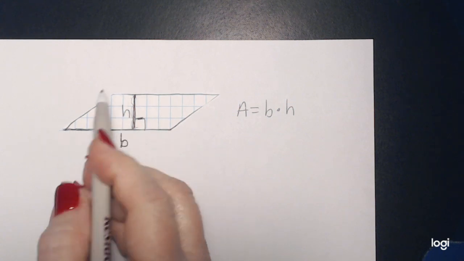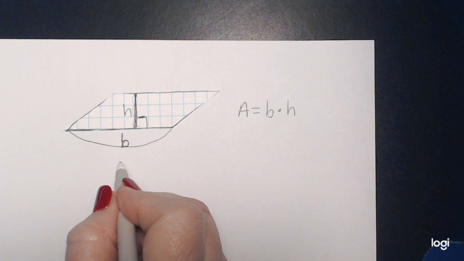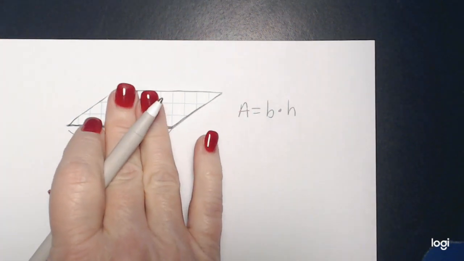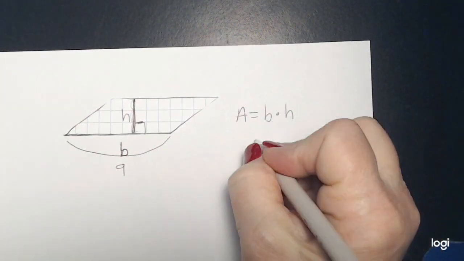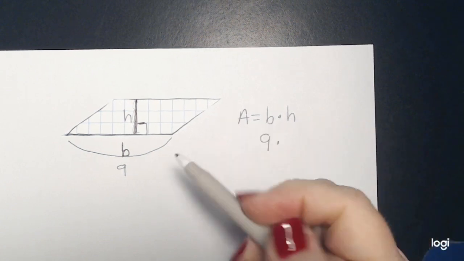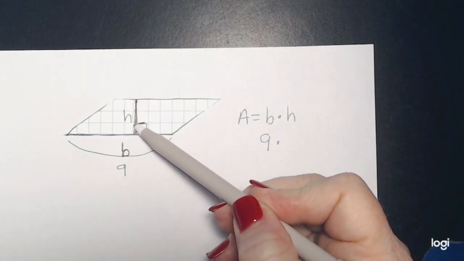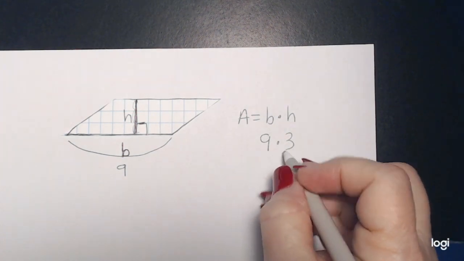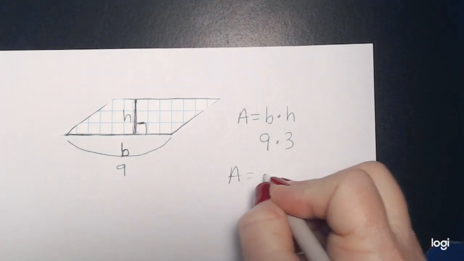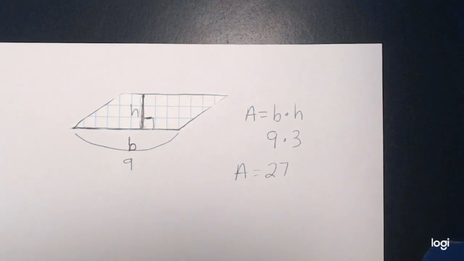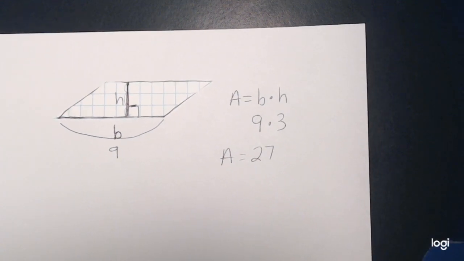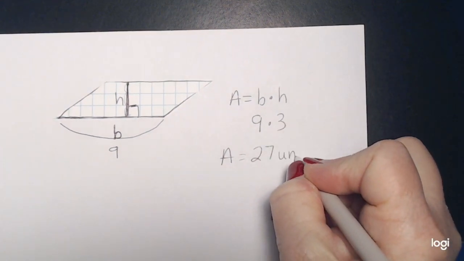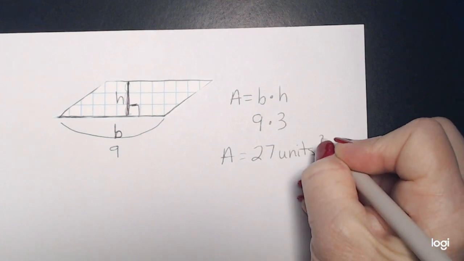So from here to here was 9 boxes. So I would say my base is 9. Let's count the height. How many boxes? 1, 2, 3. And so the height is 3. So my answer would be the area equals 27. Now I didn't tell you if it's inches or centimeters, so we would just label it units squared.